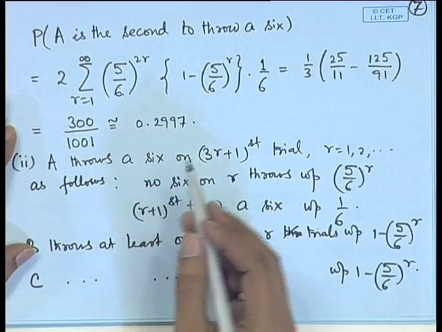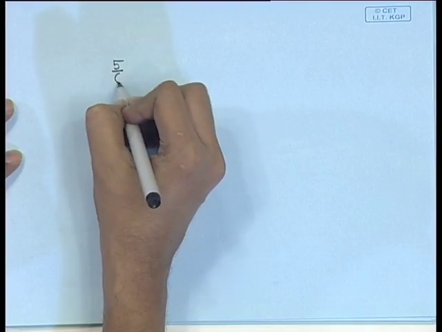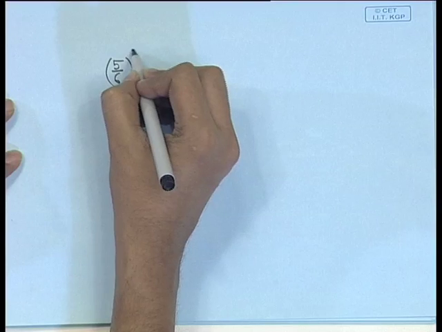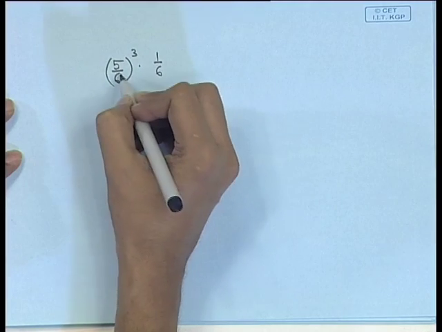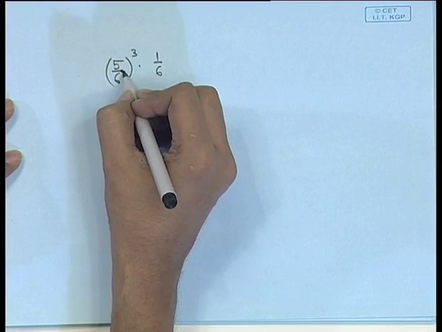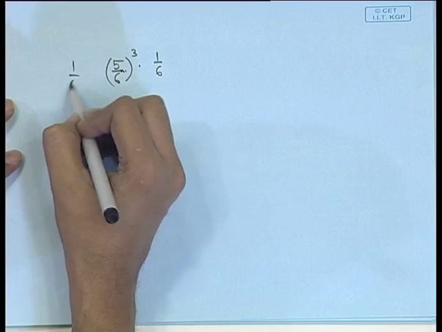See, here we can also look at the event that A is the first player to throw a 6. Then A must be able to throw it on the first trial, on the fourth trial, etcetera. If he throws on the first, definitely it is 1 by 6. If he is throwing on say the fourth trial, then before that none of the other players must be able to throw a 6. That means A himself is not able to throw, B is not able to throw, C is not able to throw.